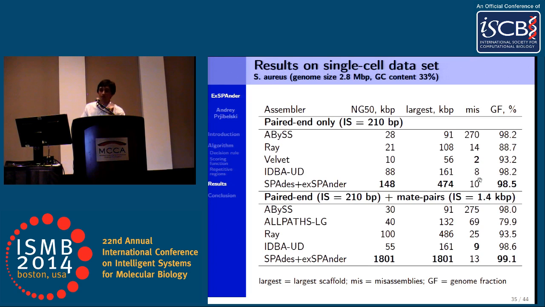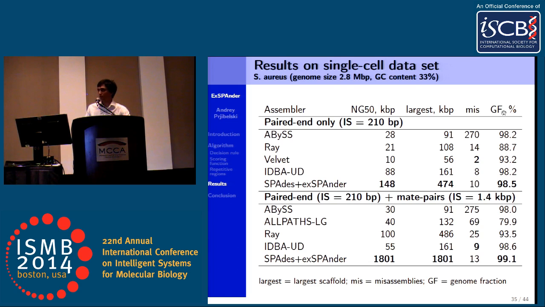We benchmarked our assembler on many, many data sets, but of course I'm able to show only a couple of them. Here is a benchmark on single-cell data sets. To compare different assemblies, we used the QUAST tool, and we picked some important metrics such as N50, the longest scaffold, the number of breakpoints between the reference genome and scaffolds, and the percentage of genome recovered.